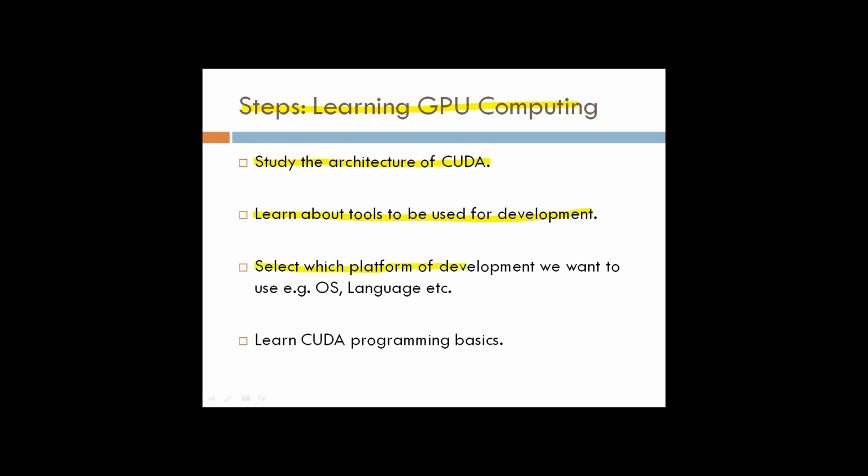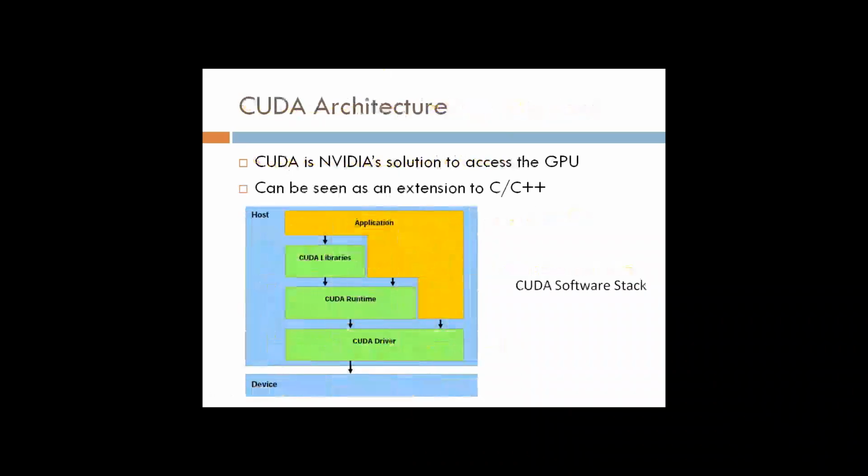We have to select which development platform we want to use, for example, which OS we work on, Linux or Windows, or which language we work in, C++, Python, or Fortran, because NVIDIA CUDA supports multiple languages for development. Afterwards we should learn CUDA programming basics. Those are the steps to be followed for learning GPU computing.